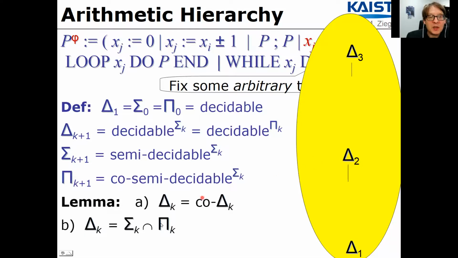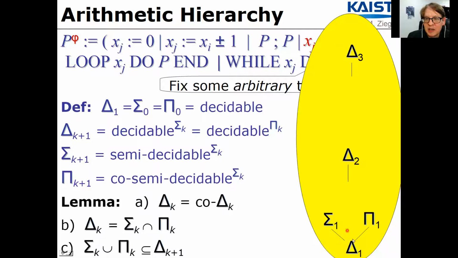But below delta 2, according to this here, are these two classes, the sigma and pi classes. And items B and C of the lemma say that they're indeed between, and strictly between, and the intersection of both is the delta class. So here's a picture.